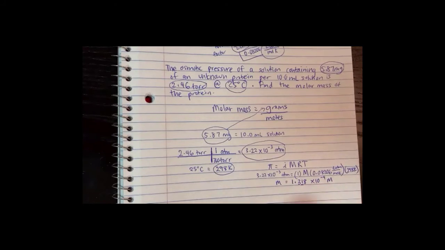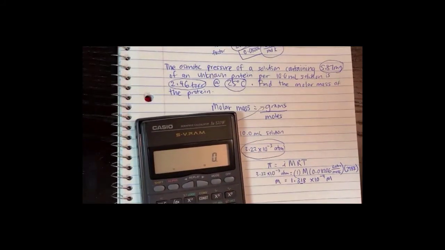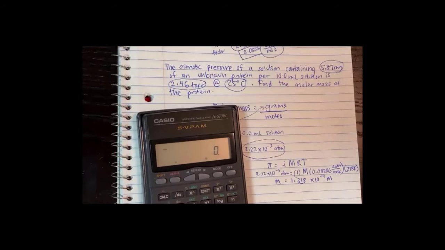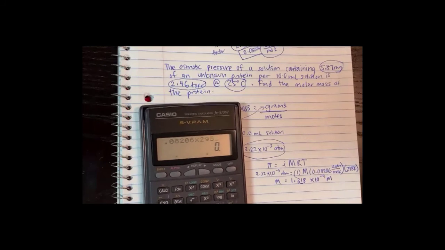I'm going to show you how I do it on my calculator. There are a few ways to do it, but the way I would do it is I would take this and that and multiply them together. That's the answer, that's one part.